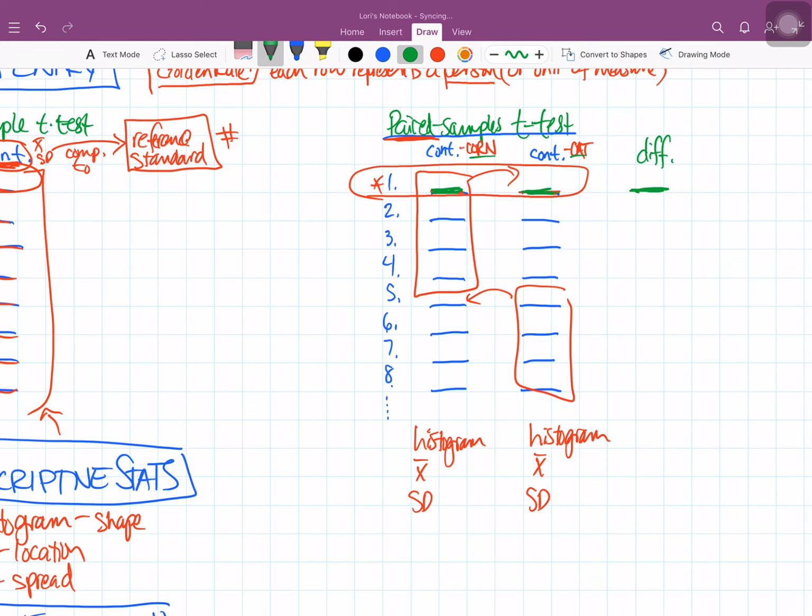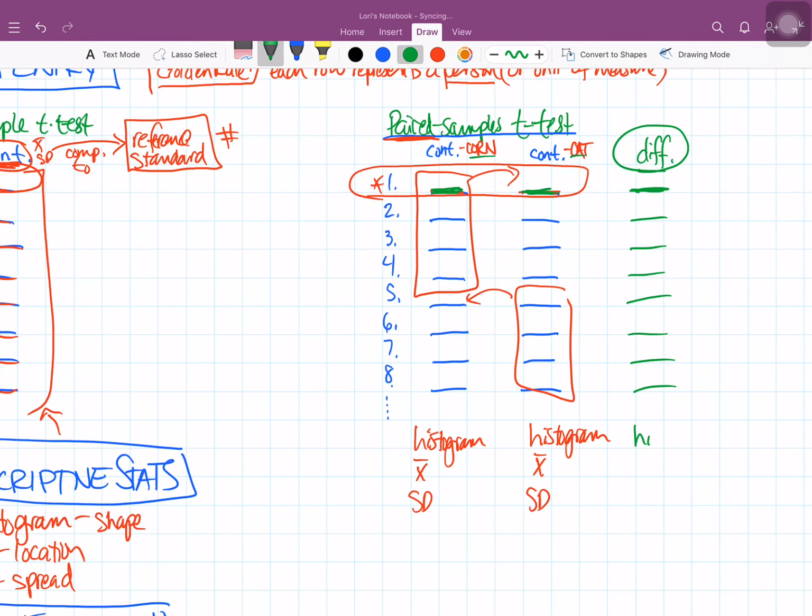We literally just subtract one from the other to find this difference score. Each person, even though you can't see it in the data set itself, has this difference score. And the important thing about a paired samples t-test is we are really testing the difference.